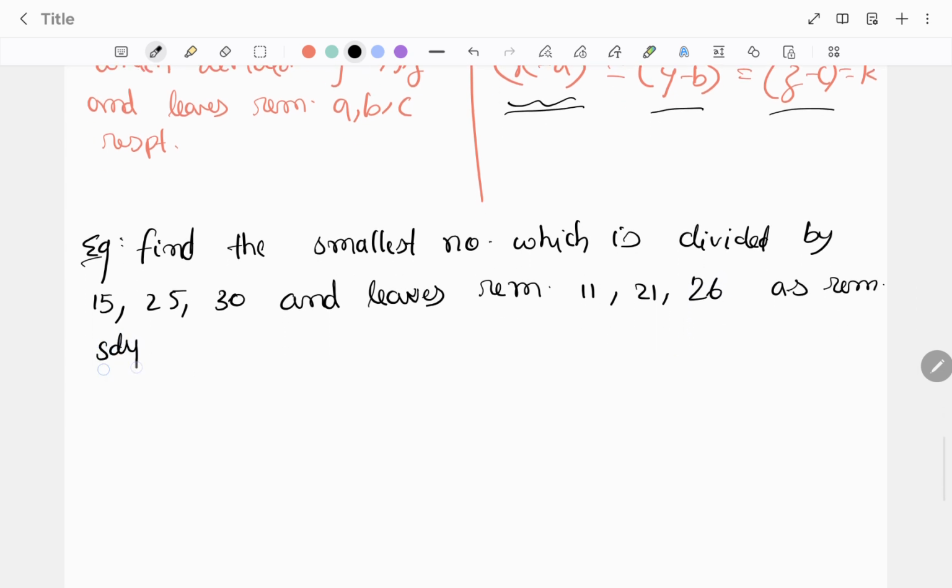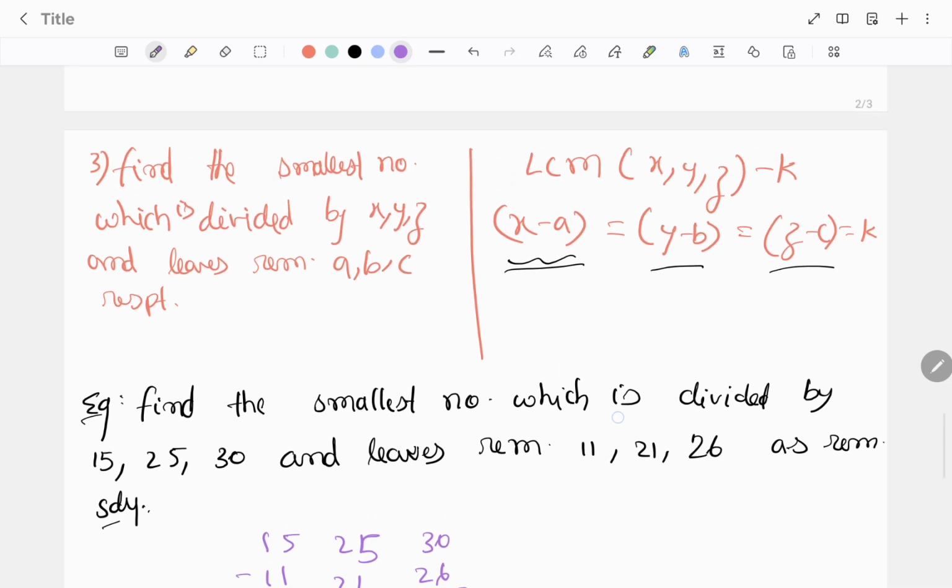So check that. 15 minus 11 is 4. 25 minus 21 is 4. Then 30 minus 26 is 4. Everywhere it is 4.